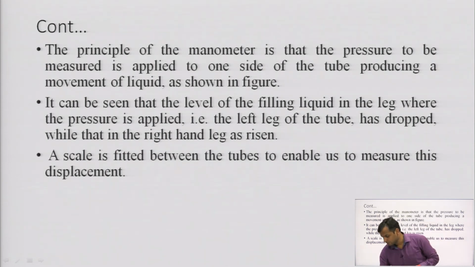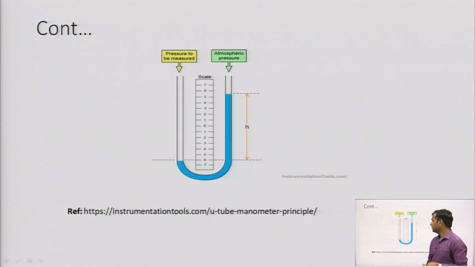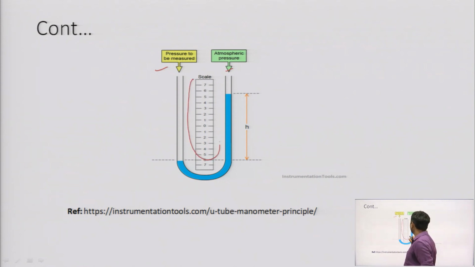So, we can see in this diagram, this is the U-tube type manometer. In that diagram, we can see that the pressure to be measured is applied on one side, and on the other side we have the reference pressure, the atmospheric pressure. Also, we can see that one scale is there.